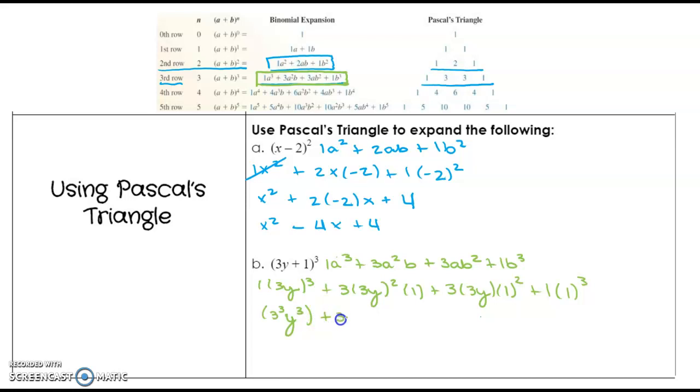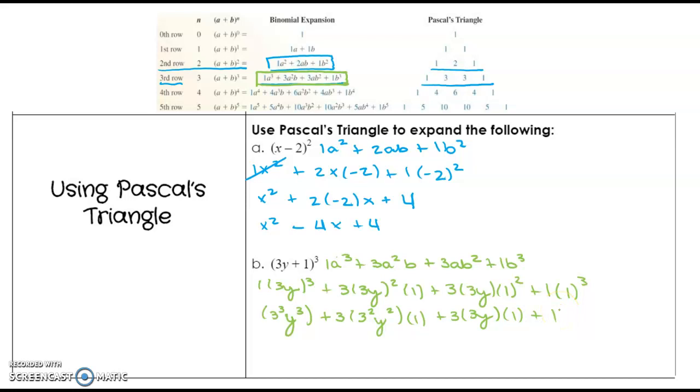So the second term, I'm going to leave the 3 on the outside and evaluate the exponent. So this will give me 3 to the second times y to the second times 1 plus 3 times 3y. And then 1 to the second power is just going to give me 1. And then 1 times 1 to the third power is just going to give me 1.